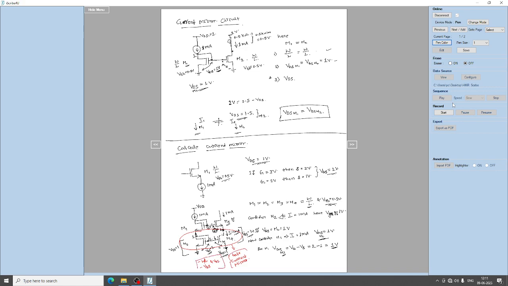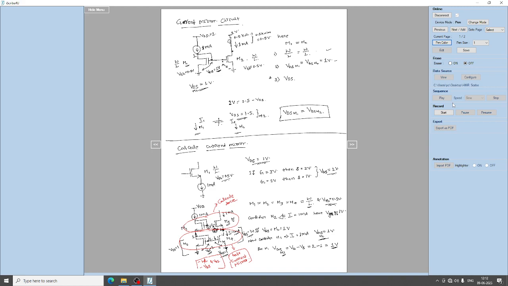So this acts as the base current mirror. And the upper transistors M1 and M3 act as a cascode device, and the lower transistors M2 and M4 act as a base current mirror.